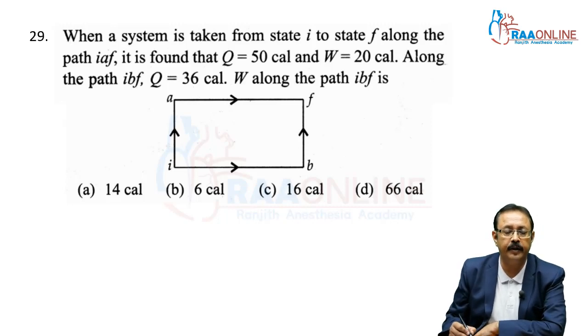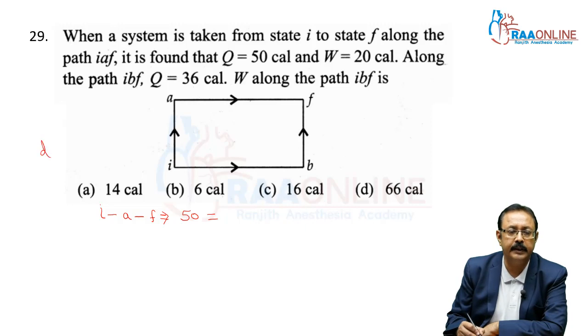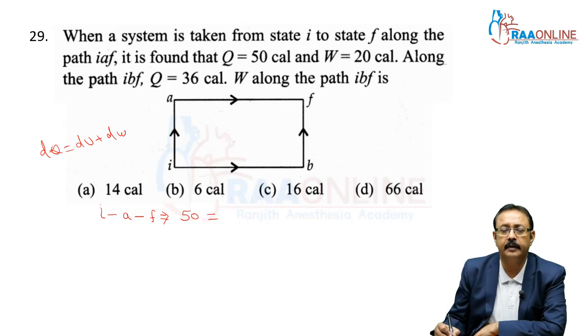Going from I to A to F, by the first law of thermodynamics, dQ is equal to dU plus dW. Of the 50 calories, 20 was spent in doing work, so change in internal energy was 30 calories.